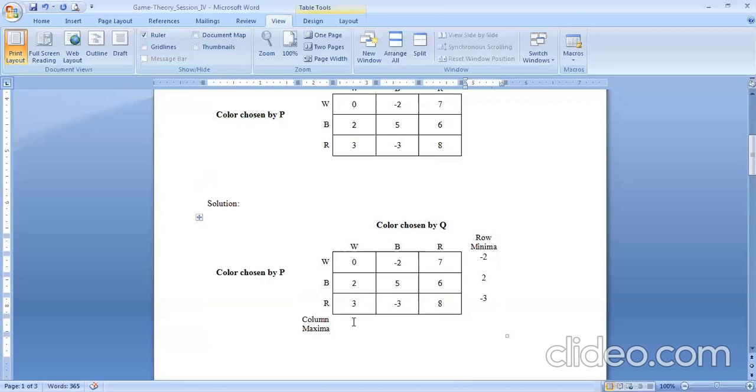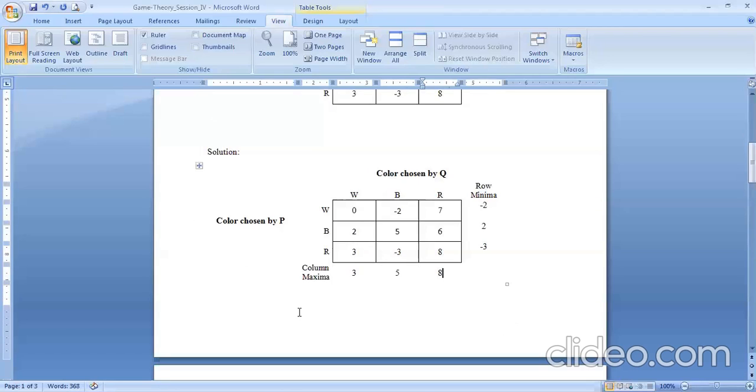Similarly, for finding the column maxima, in the first column 0, 2, 3, 3 is the maximum. For the second column, -2, 5, -3, the 5 is the highest. And among 7, 6, 8 in the third column, 8 is the maximum.